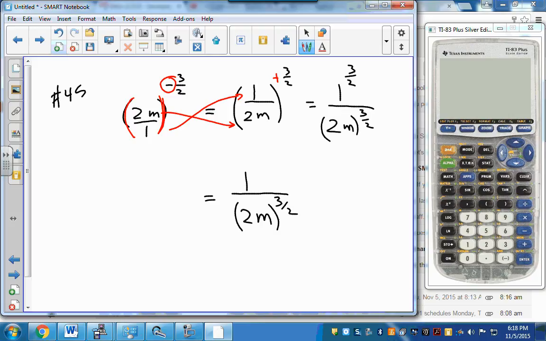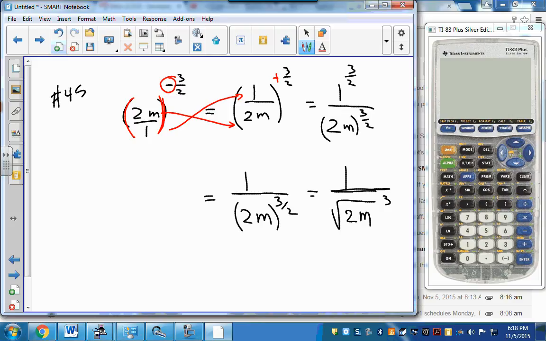So I can write this now as a radical, 1 over the square root of 2m cubed. So that would work fine. 1 over the square root of 2m cubed.